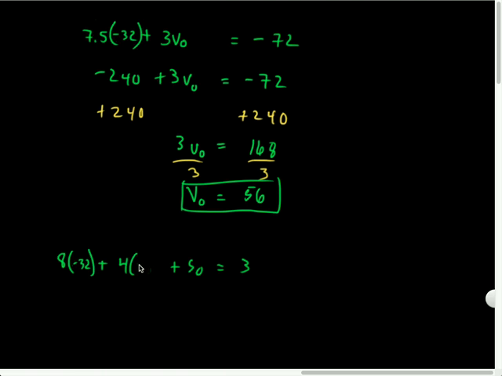Negative 32 and 56. 8 times 32, I feel like I should know that. 240 plus 16. Is that 236? Did I do that math right? 256.